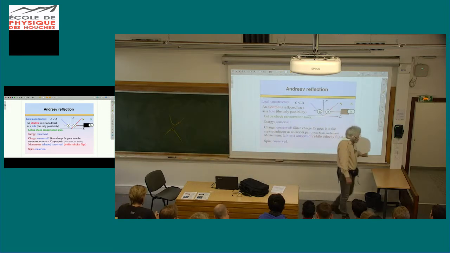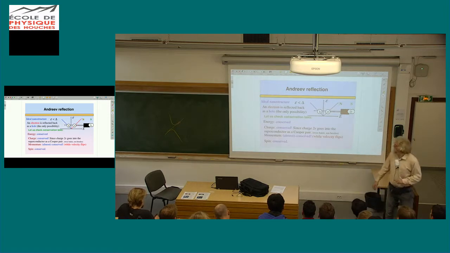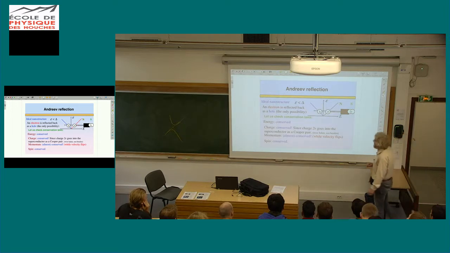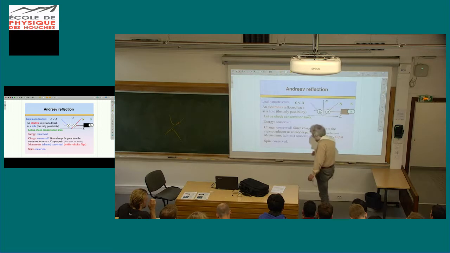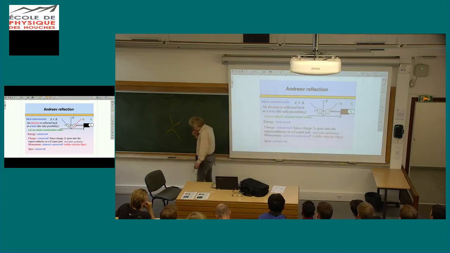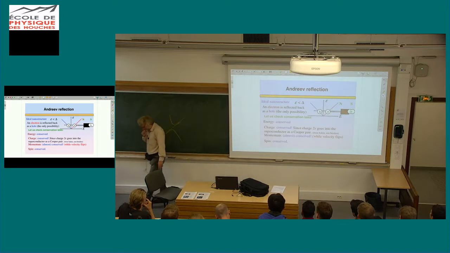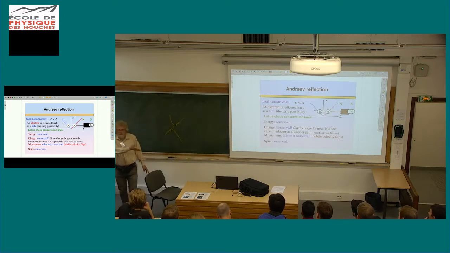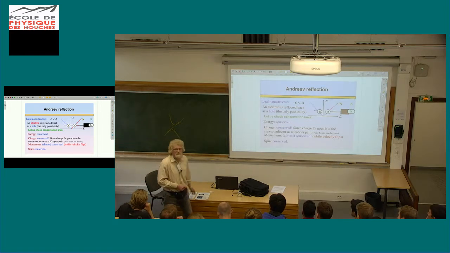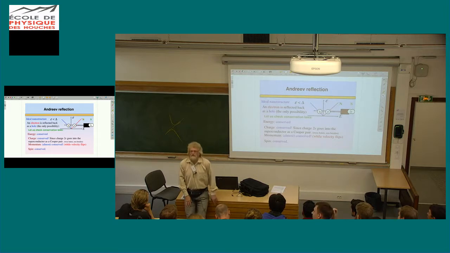So here's a cartoon of what happens. There's an electron which goes to the superconductor, and in fact, although you send a single charge, a double charge goes into the superconductor. The Netherlands is a very convenient country for explaining Andreev reflection, like Russia was an ideal country to describe a kind of interference between two tunnel barriers.